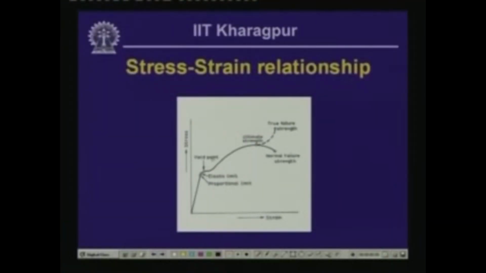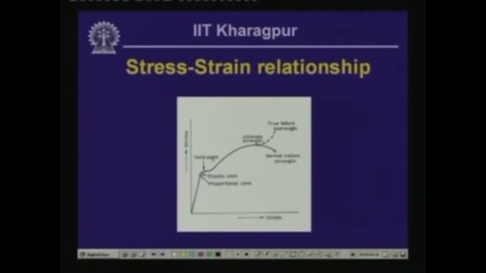Up to a particular limit, if we keep on applying the load, on removal of the load the bar is expected to come back to its original position. But beyond a point, if we keep on applying the load, the state of stress and strain in the bar will be such that it will not come back to its original position after the removal of the load.